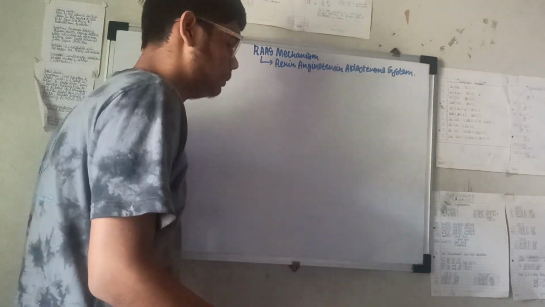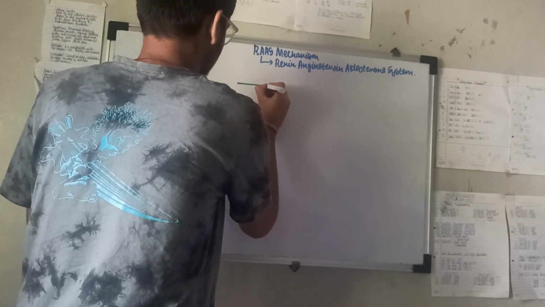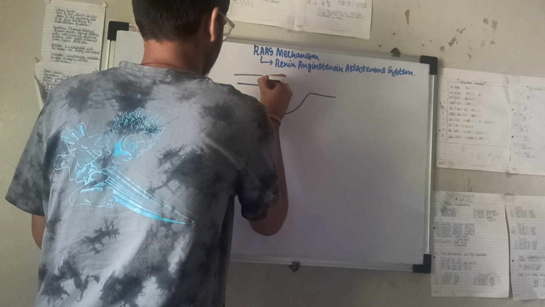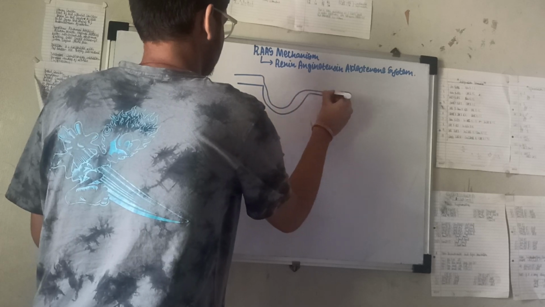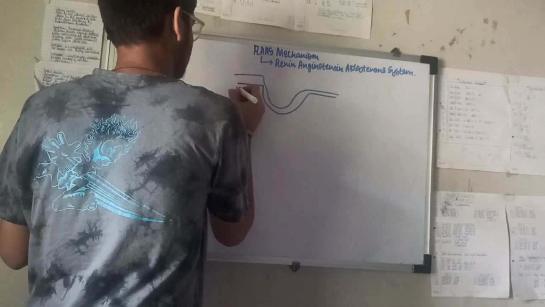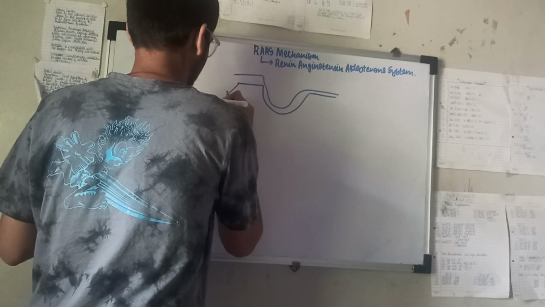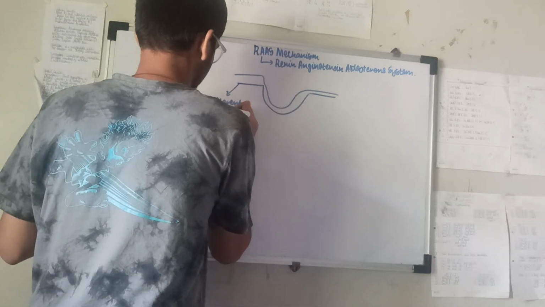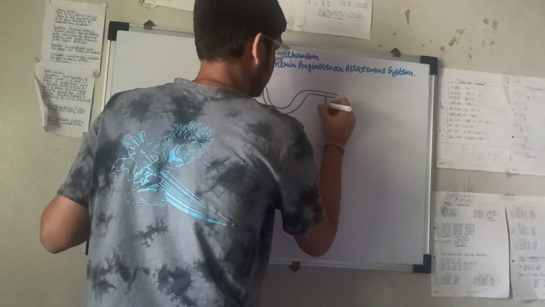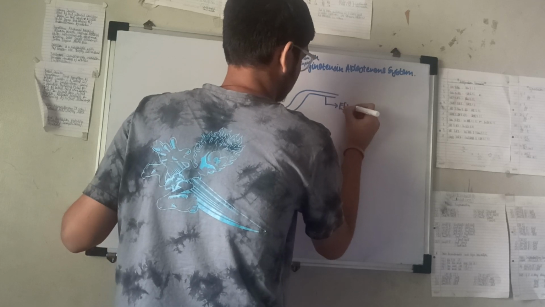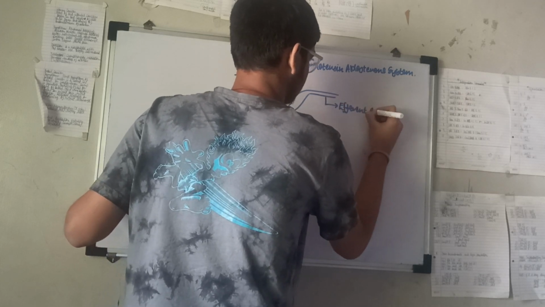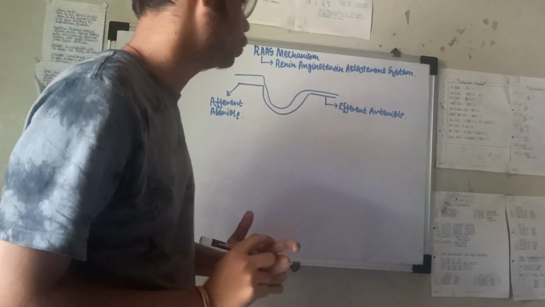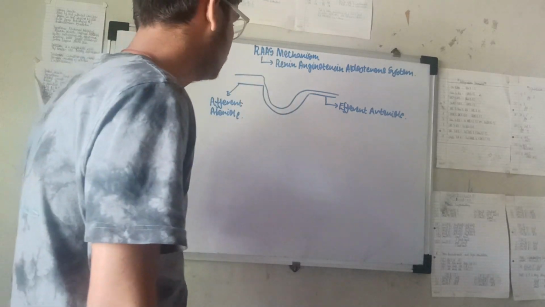So let me draw a basic diagram for this. This is the glomerulus, this is the afferent arteriole, and this is the efferent arteriole. You know that the diameter of the efferent arteriole is lesser than the afferent arteriole.